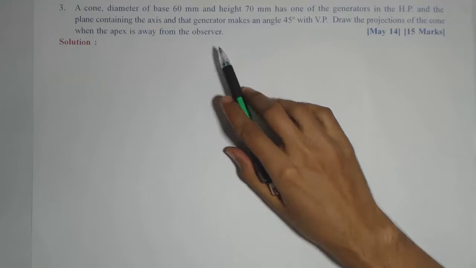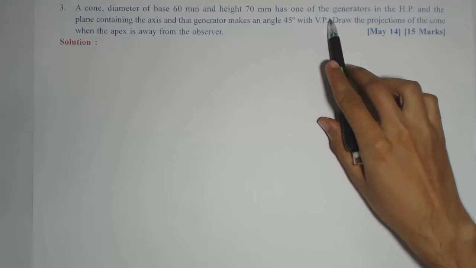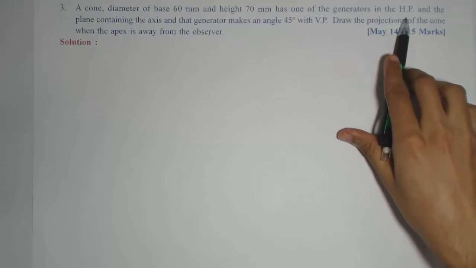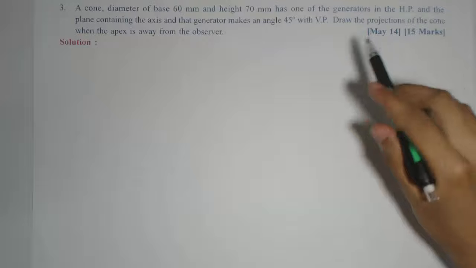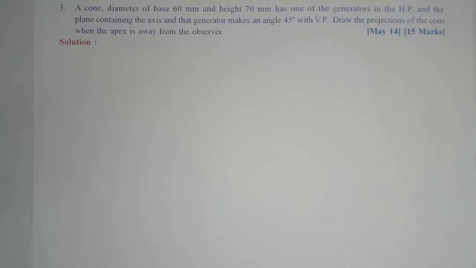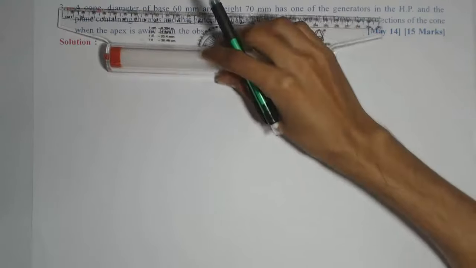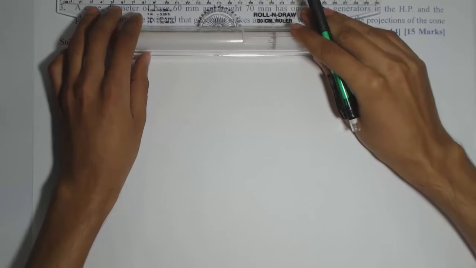Okay. So if I want to keep one of the generators in the HP, initially I have to assume that the entire base of the cone, which is a circle, is lying in the HP. So in that case, I need to start from the top view, drawing the circular base below the XY line.